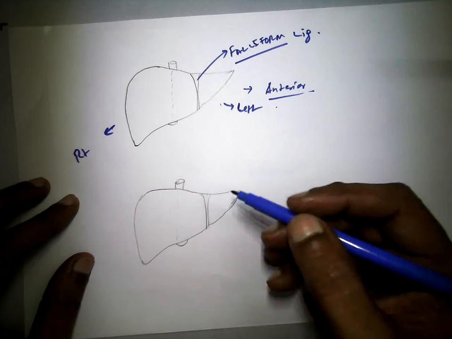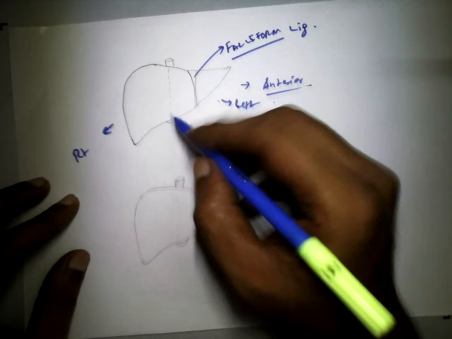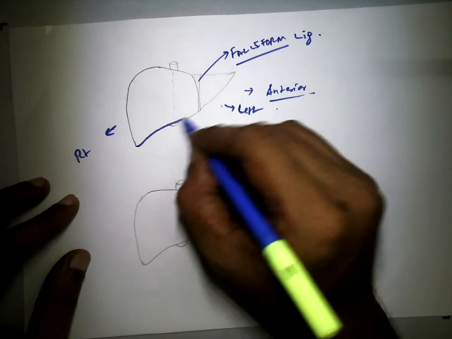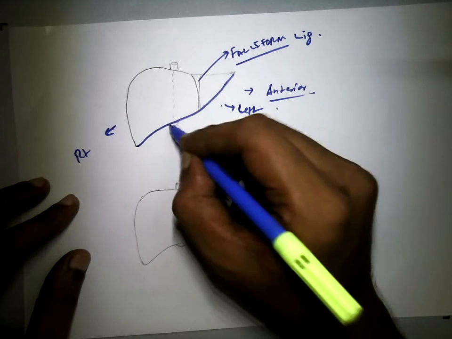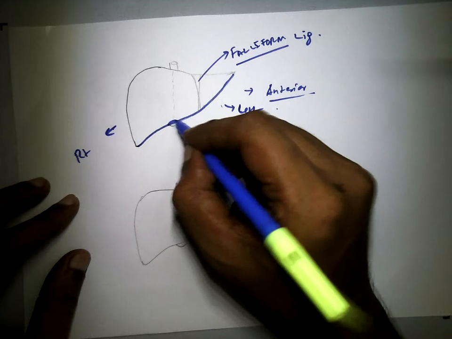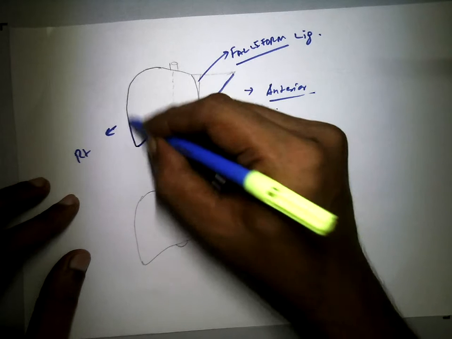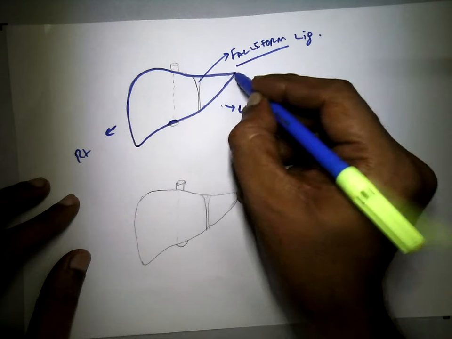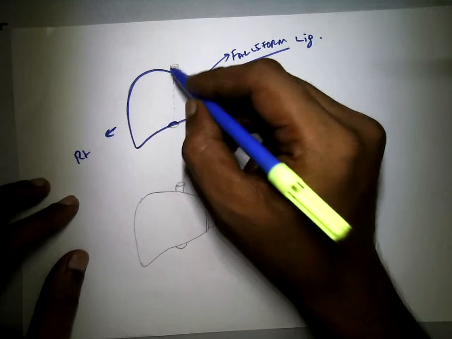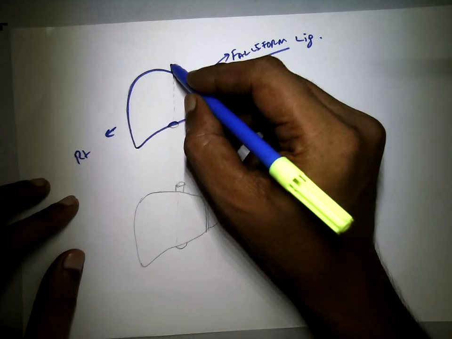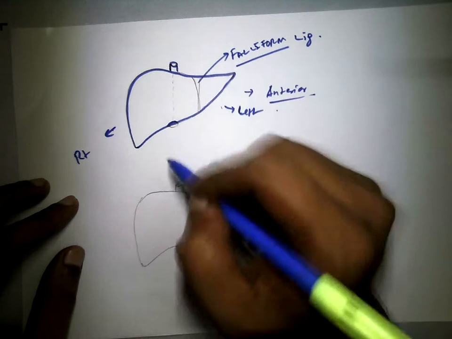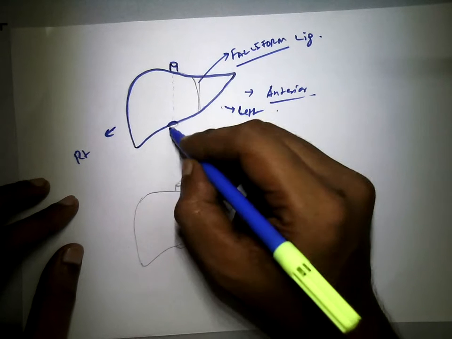But the imaginary plane goes from a notch in the inferior border called the cystic notch, up to the groove for the inferior vena cava, which is in the posterior aspect.